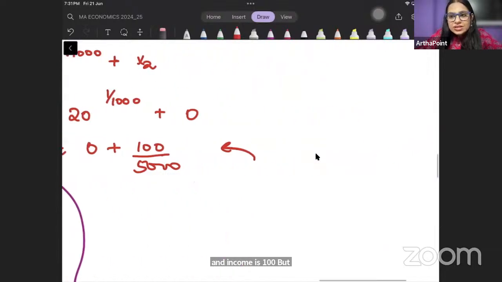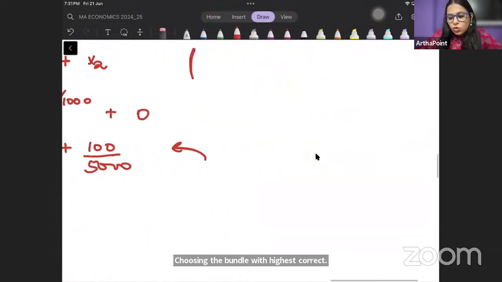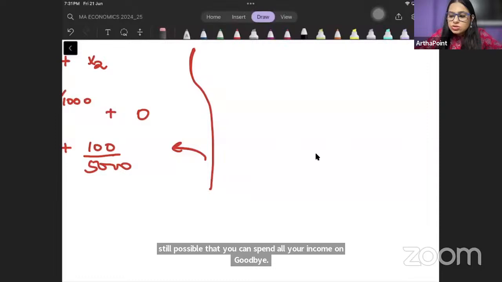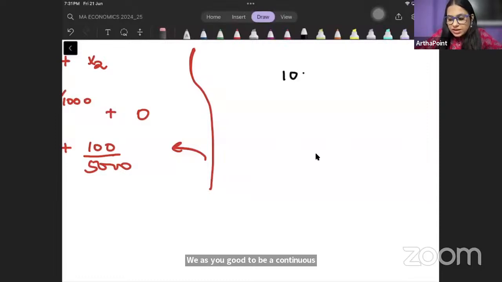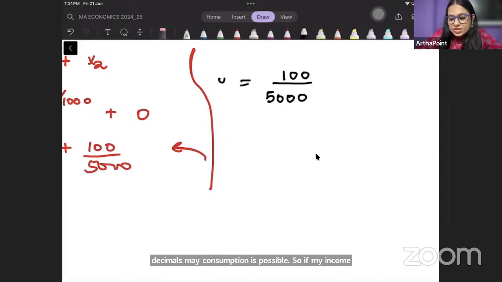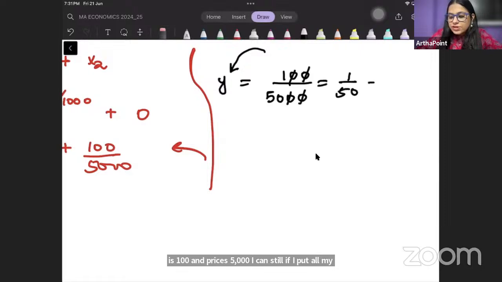But it is still possible that you can spend all your income on good Y. We assume the good to be a continuous good, so consumption in decimals is possible. If my income is 100 and price is 5000, and I put all my income on good Y, I can consume 1 by 50, which means 0.02 units of good Y.